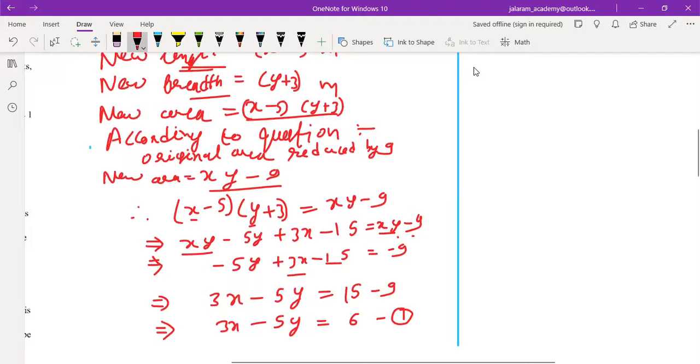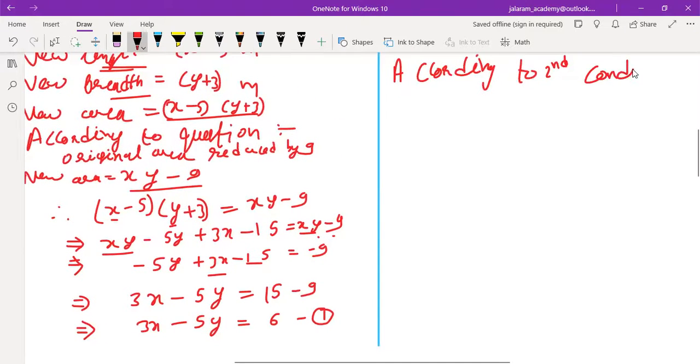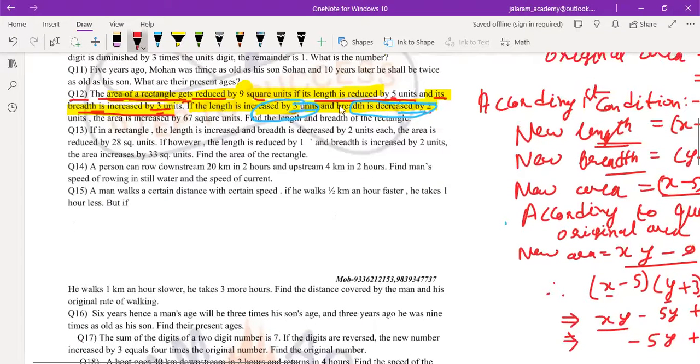And according to the second condition, we write the new length. What is the new length according to the condition? It is increased by 3.